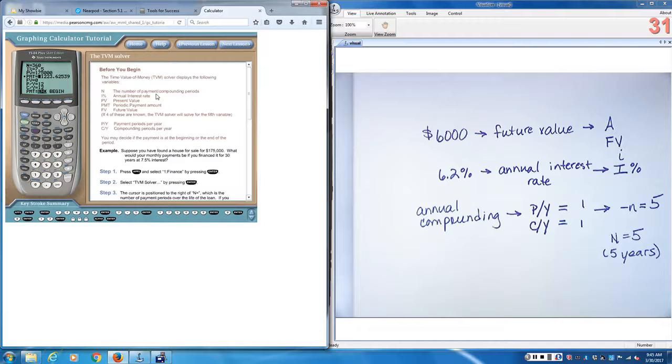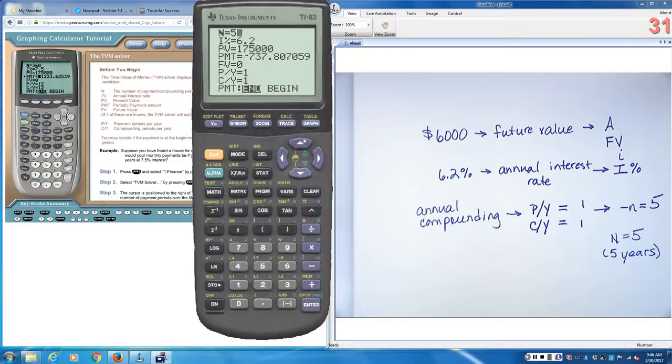So that's the PMT is 5? No, the PMT is the amount of payments you'd make, and we're gonna leave that 0. So the number of times they compound the interest is once a year for 5 years, so that makes N 5. Okay, PYCY. Right.